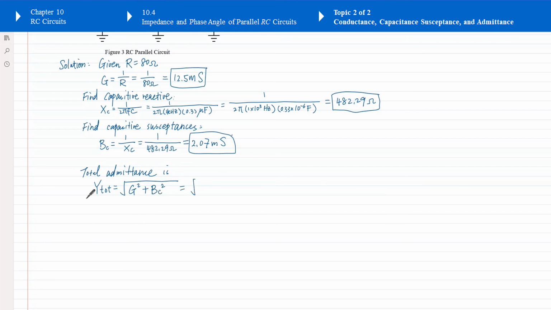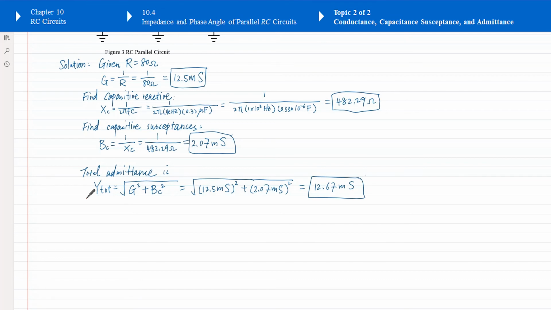And plug in numbers. G is 12.5 millisiemens square plus BC 2.07 millisiemens square. Use calculator, I get 12.67 millisiemens.